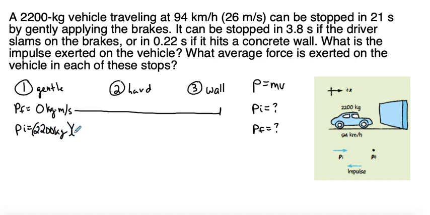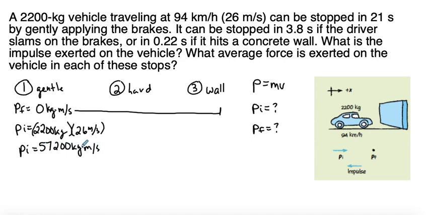Everything needs to be in meters per second, so we use 26 meters per second. We get an initial momentum of 57,200 kilograms times meters per second.